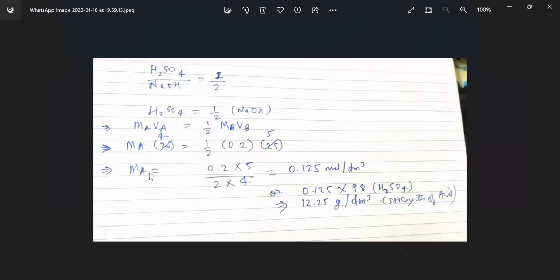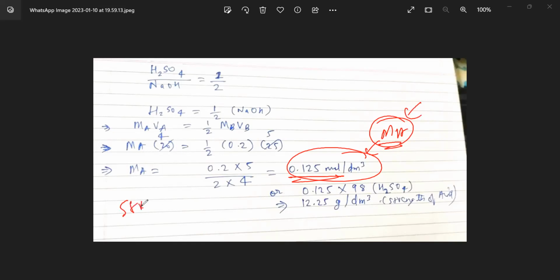So ultimately you will be able to find the molarity of acid, which comes to 0.125 mole per decimeter cube. So this is the value of the unknown concentration of acid. Now they also ask at the end, they will ask the strength.